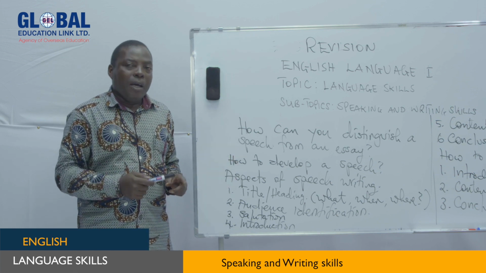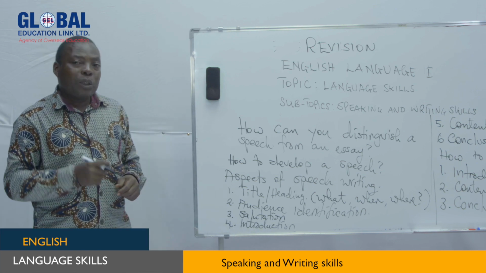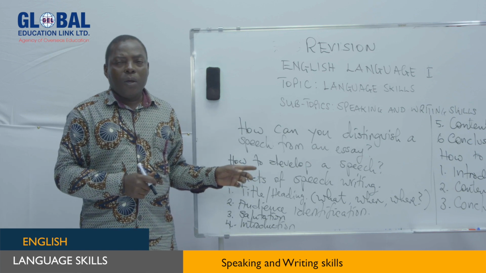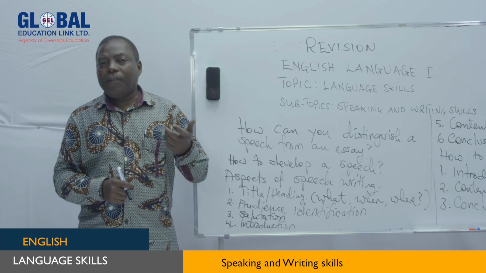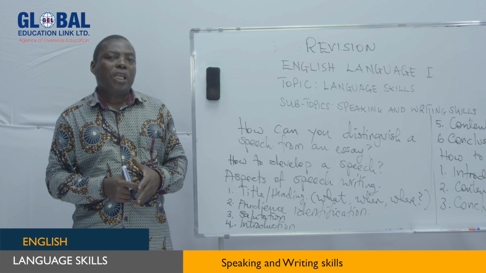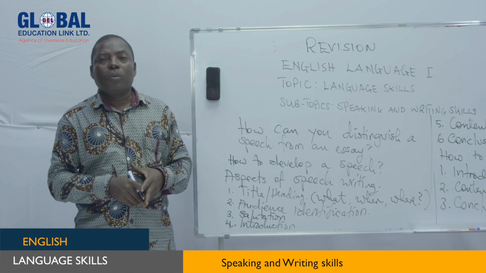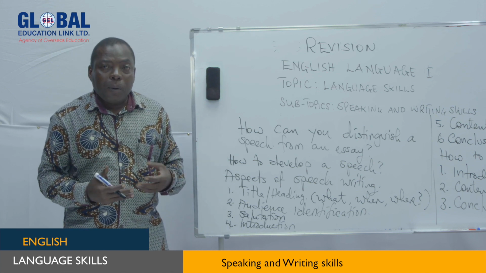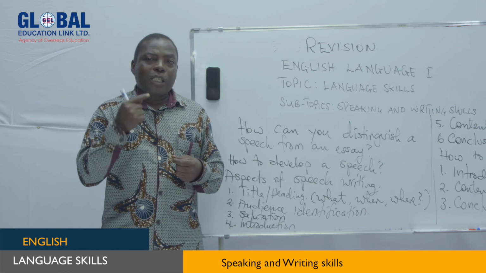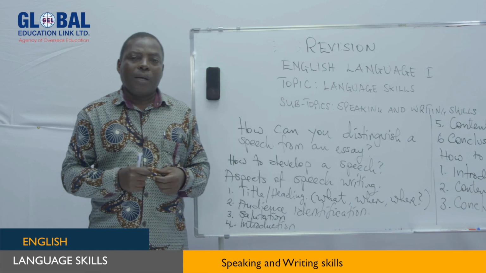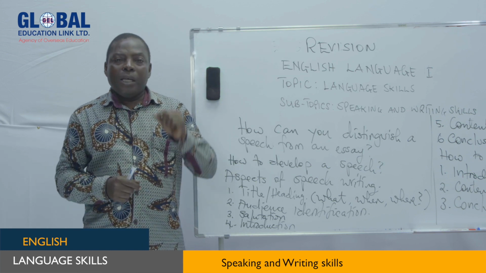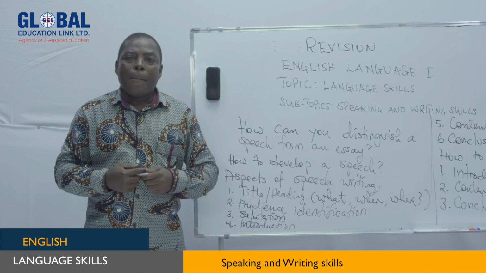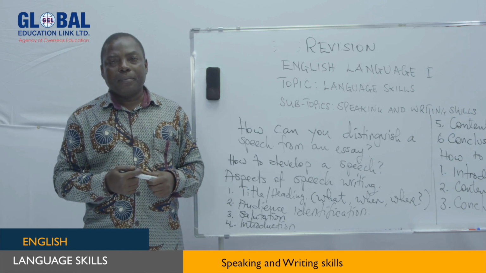We said that when you want to start a paragraph in your speech, you must at first identify the audience to whom you think this message is for. For example, if I am making a speech to you, I'll definitely start by saying, dear students, then I go ahead with the other point that I want to make.